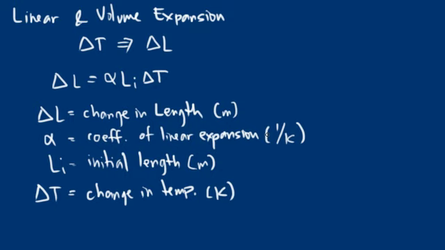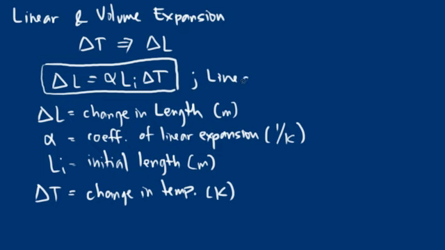But when we talk about volume expansion, on the other hand, we just follow the same formula. By the way, let me label this as the formula for linear expansion. For volume expansion, we follow the same pattern.